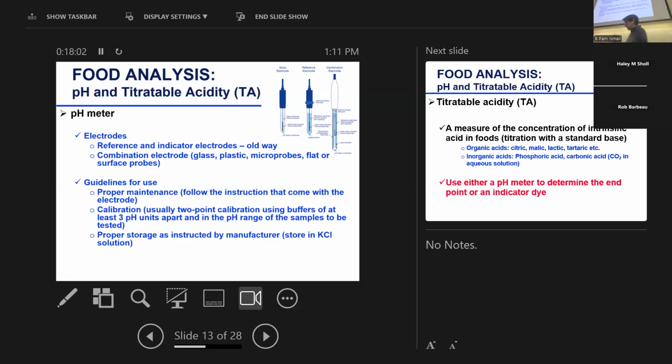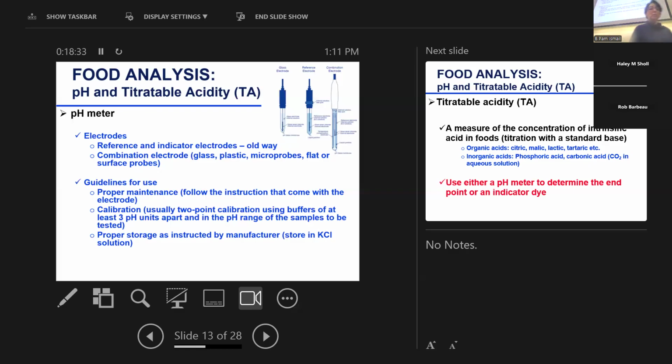The reference electrode is measuring that constant current, and then your indicator electrode is picking up the change in that current when a potential is applied, when a voltage is applied. Okay. But most modern pH meters have only that one probe that has the reference and the indicator electrodes in it.